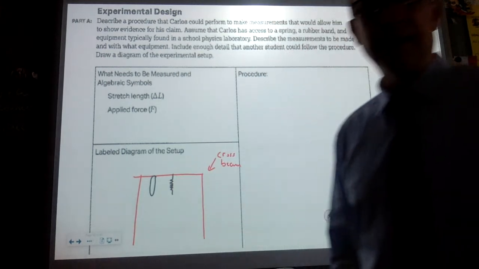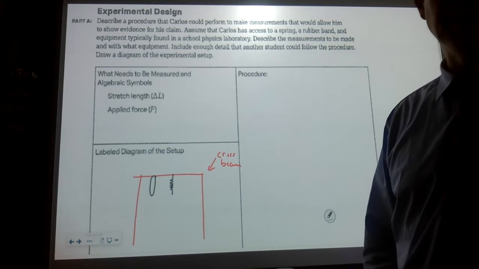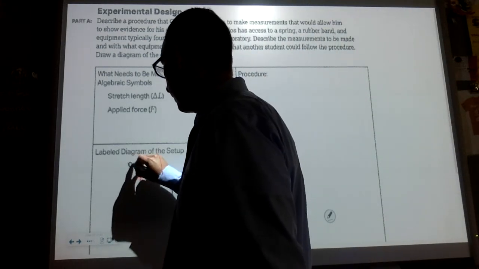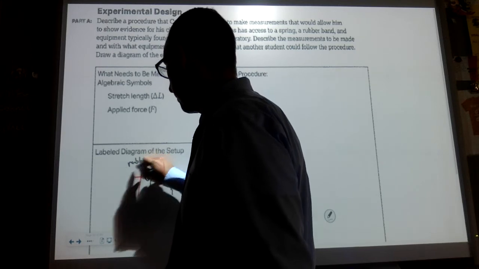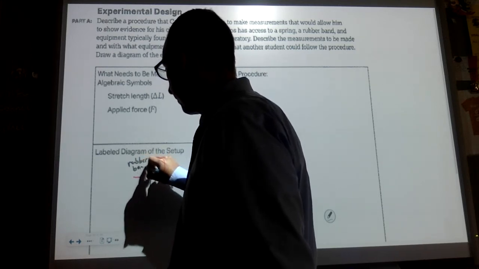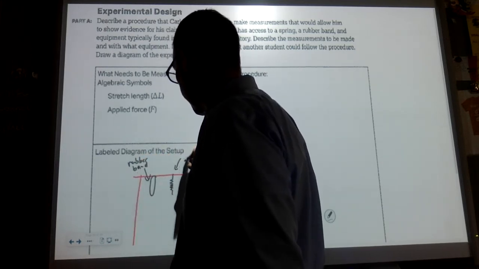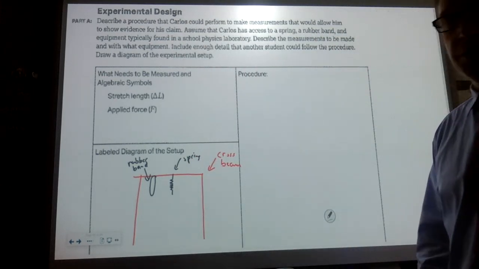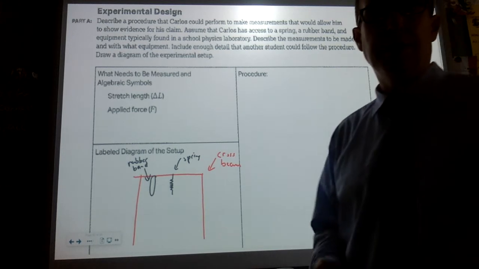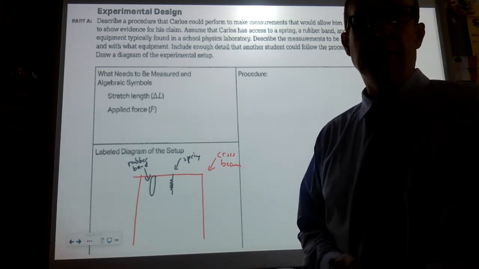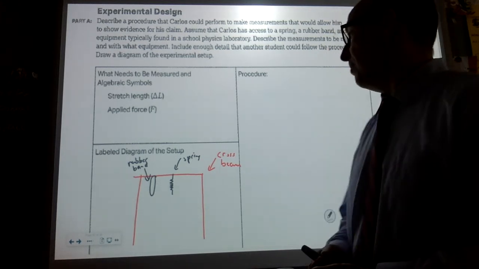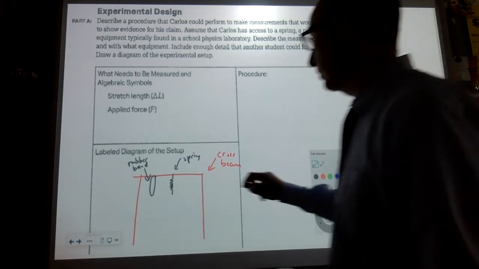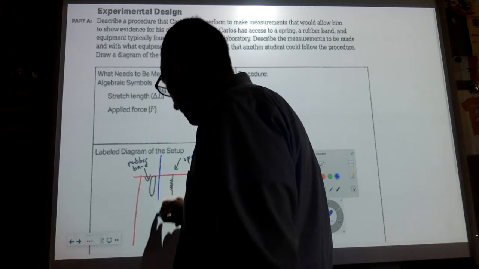Note that everything that I'm drawing, I am labeling, because it says labeled diagram. The other thing that I need to measure is the applied force and the spring length. To measure the spring length, I'm going to put a meter stick behind them.